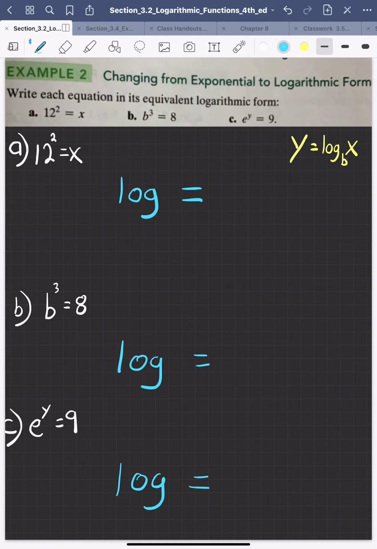And now you know the routine. Let's just figure out where each part goes. So you can imagine I have 1, 2, 3 parts, and we need to figure out what goes where. Let's start with the base. So I have base 12, right? So the base is going to go here.